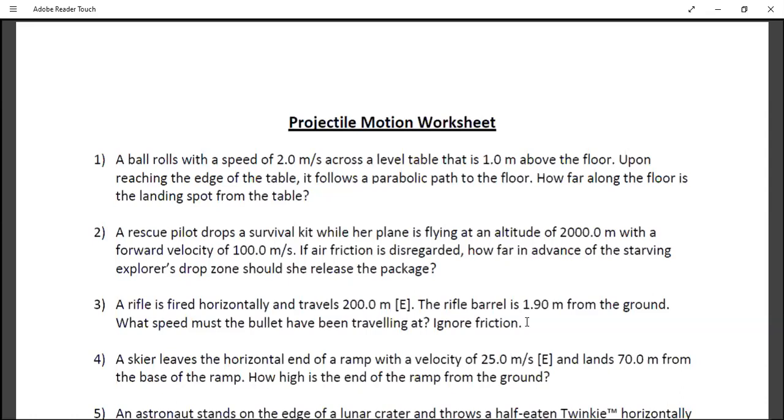I am telling that the rifle is not fired horizontally. Now the rifle is going to be fired at a certain angle. Suppose I take it as 60 degrees. At the same time the rifle is fired, a pigeon will be flying from a certain height. Suppose the pigeon is at a height of 500 meters above the rifle, and it is going to travel with a uniform velocity.